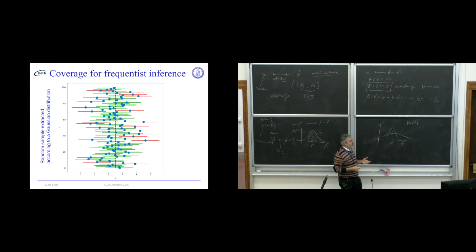there is a lower bound to how small I can make this variance, because it is possible to demonstrate a theorem due to Cramer and Rao.